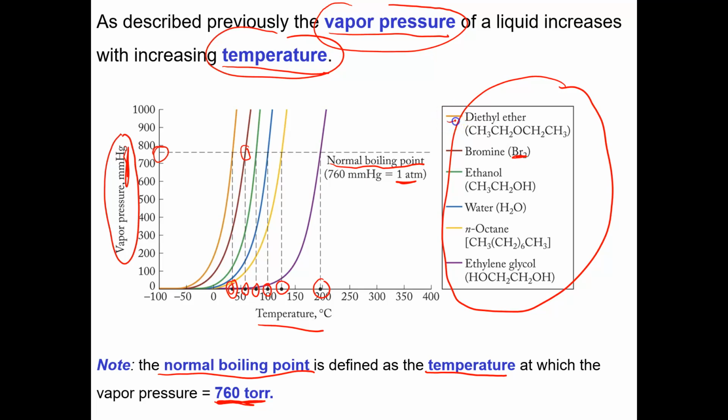Now, diethyl ether is nonpolar, just like bromine, but it has a lower molecular weight. So it only has weak dispersion forces between the particles, and it has a really low boiling point, I want to say around 37 degrees Celsius.